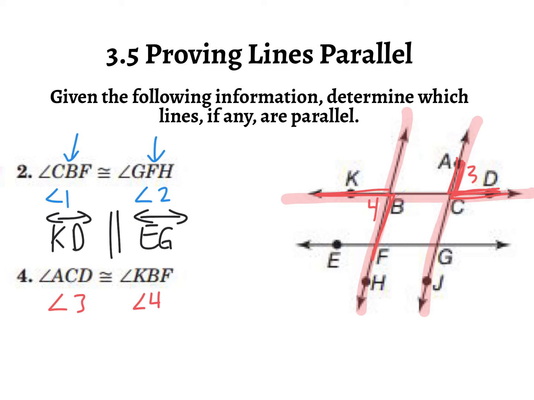The lines are BH or BF and AJ, if you want to go with that. The vertical lines are the ones that are now parallel. So then BH must be parallel to AJ.